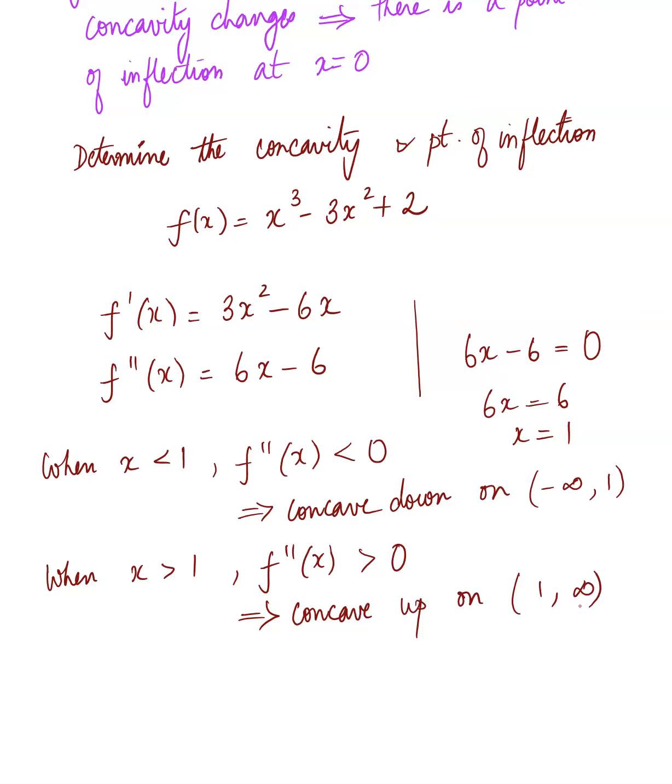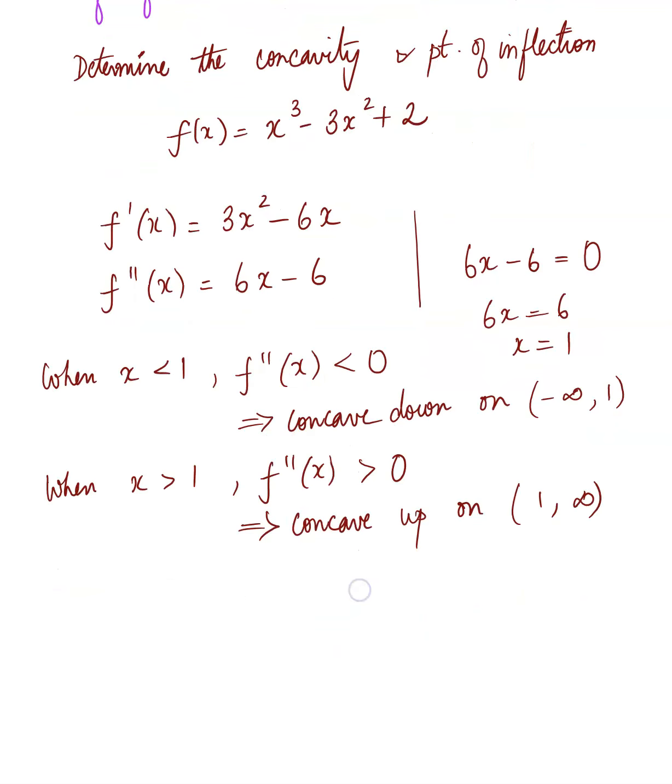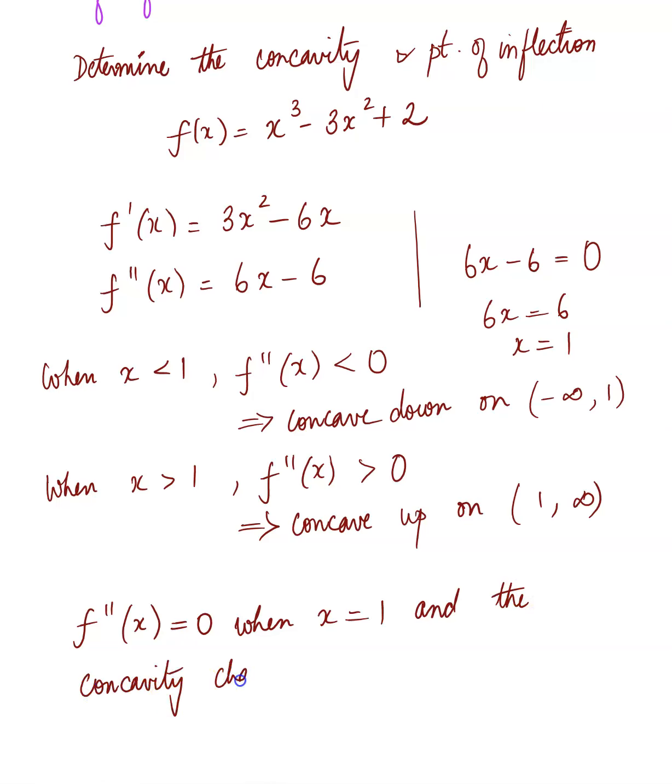Now, we need to see if we have a point of inflection at 1. So we know that f double prime of x is 0 when x is equal to 1, and the concavity changes at x equals 1.